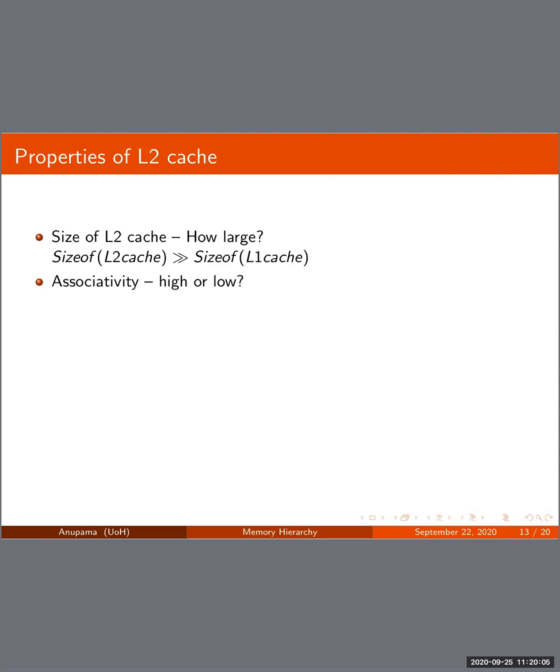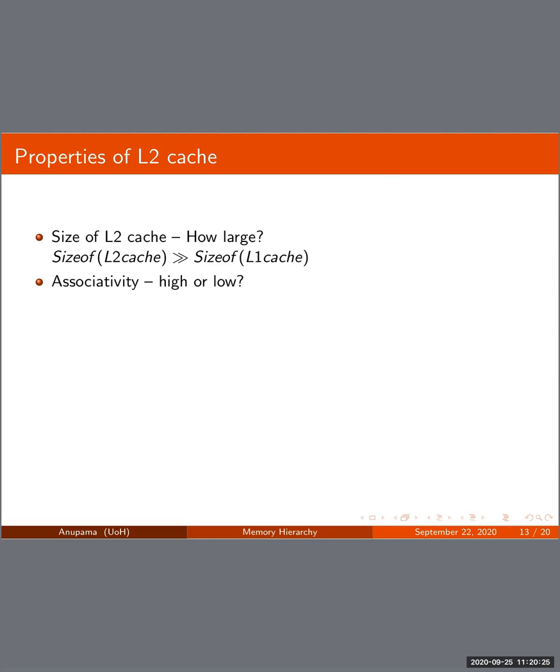But the problem is that the gap between the processor speed and the main memory speed has been increasing. The processors are becoming faster and faster. Memory is not becoming faster as quickly as that.